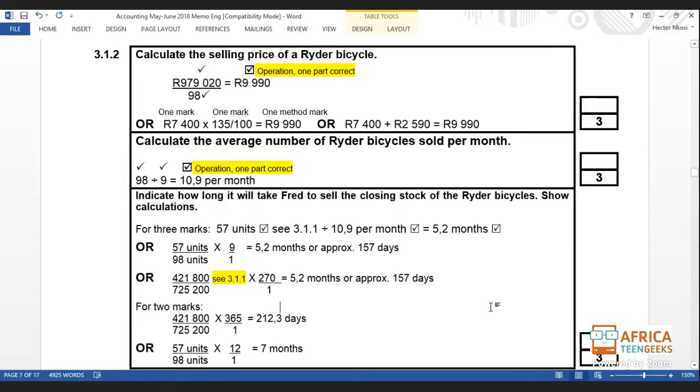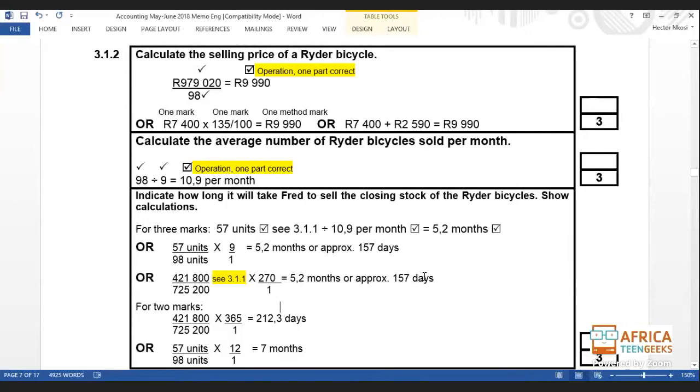You need to say 429,800 divided by 725, the one that includes your average stock and your cost of sales, multiplied by 270 over 1. So it's 2.5 months, or approximately 157 days.